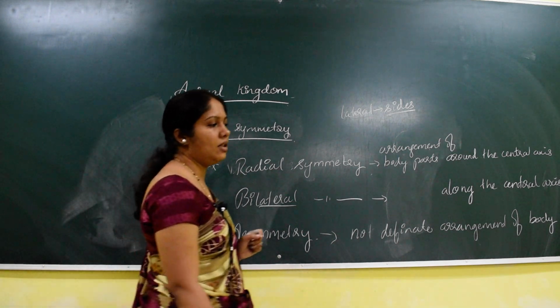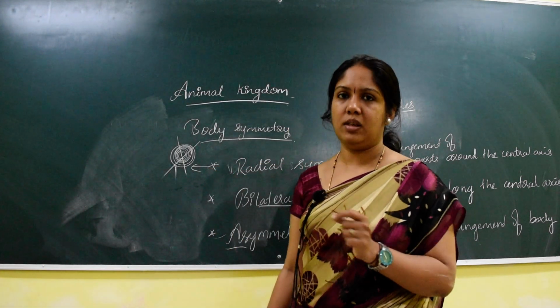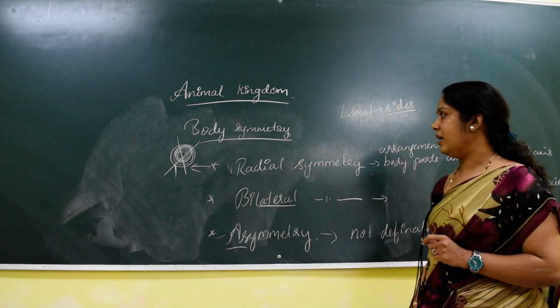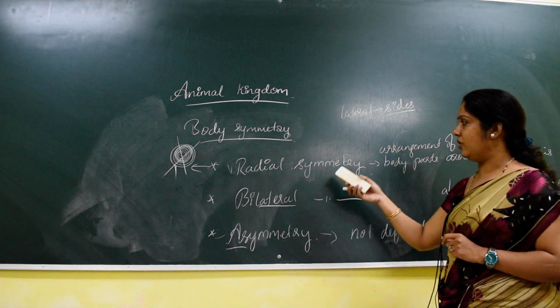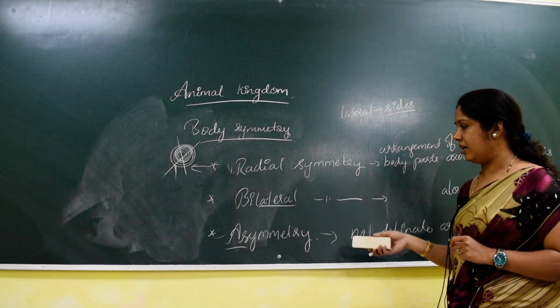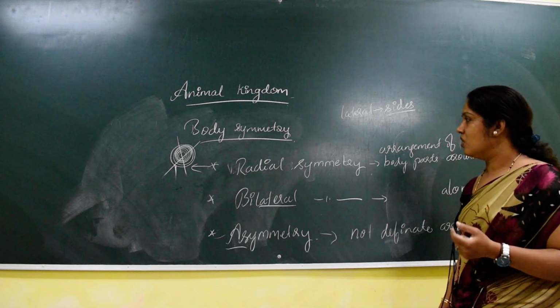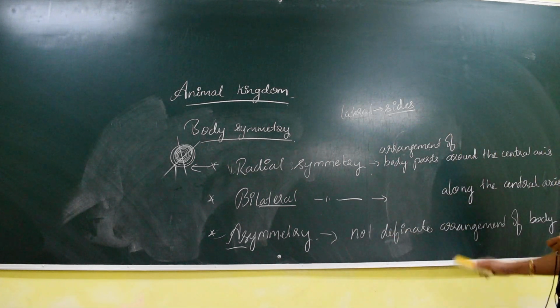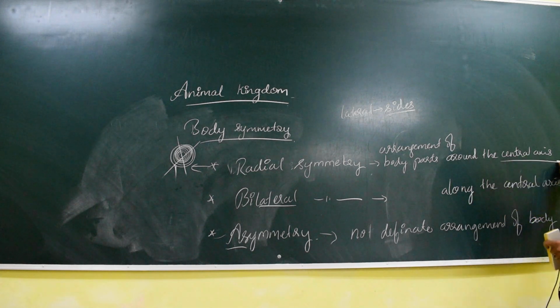The symmetry is an arrangement of body parts within the organism. So based on this, the organisms are classified into radially symmetrical, bilaterally symmetrical and asymmetrical. So in case of radially symmetrical, very important, the body parts are arranged around the central axis, and if we cut the organism passing through the central line in any plane, we get two equal halves.